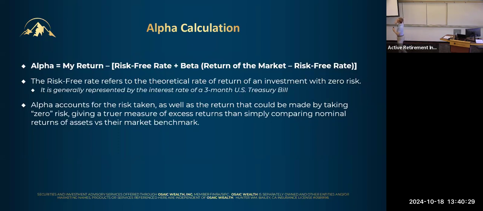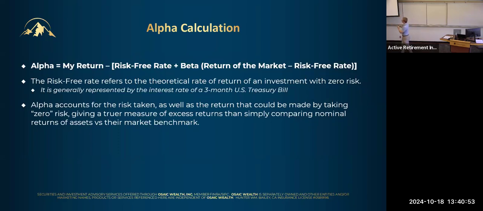And then we're going to take the return of the market, so the S&P 500, whatever we're comparing to, we're going to subtract the risk-free rate from that, and that gives us what's called the market premium. So that's basically the extra return that the market is giving you for having taken on risk. So that's over the risk-free rate that you could earn by taking no risk, and then we get the extra return that you would get by taking risk.